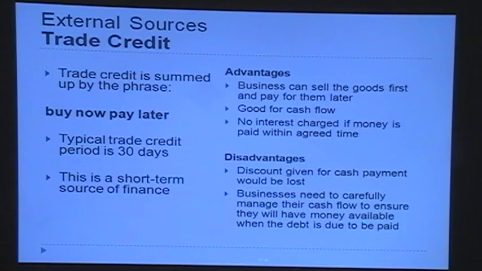The advantage is the business can sell the goods first and pay them later. Good for cash flow. No interest charge if money is paid within the agreed time frame. And the disadvantage is the discount given for cash payment will be lost. Businesses need to carefully manage their cash flow to ensure they can offset their short-term needs of finance.